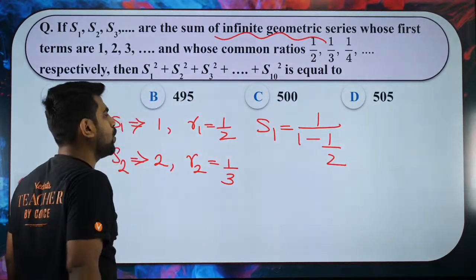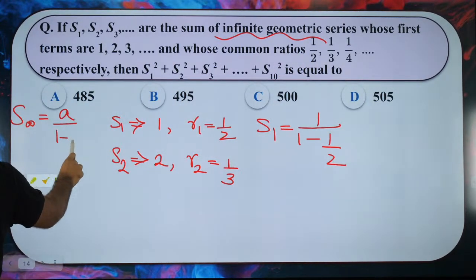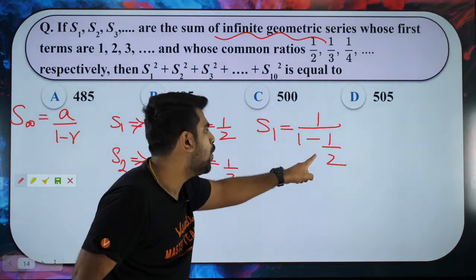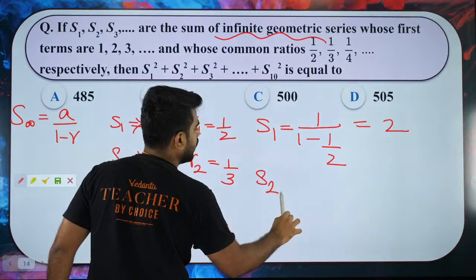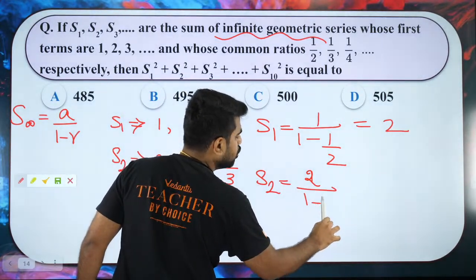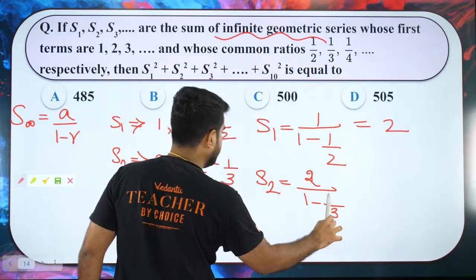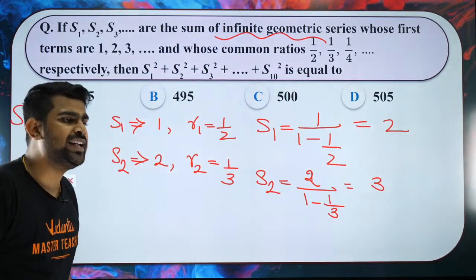So S infinity is A by 1 minus R, which for S1 will be equal to 2. S2 will be equal to 2 by 1 minus 1 by 3. So that will be equal to 3. Got it? Everybody cool with it?